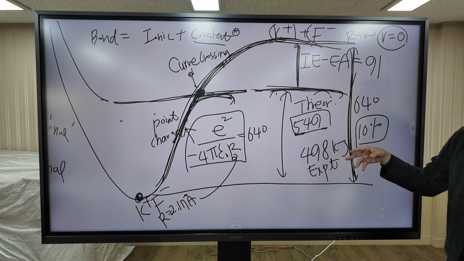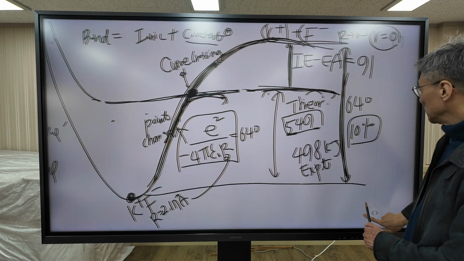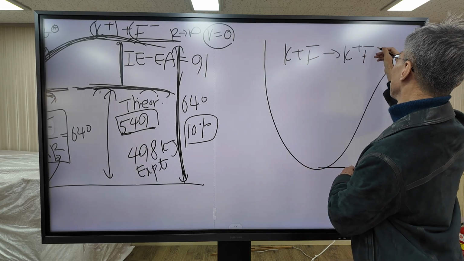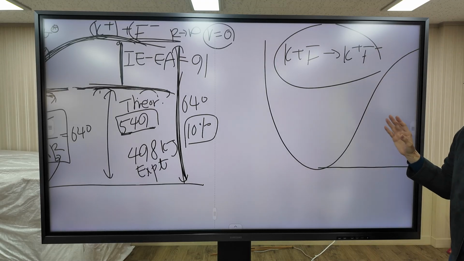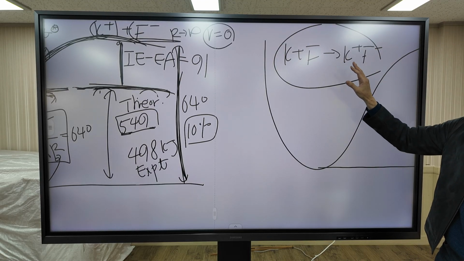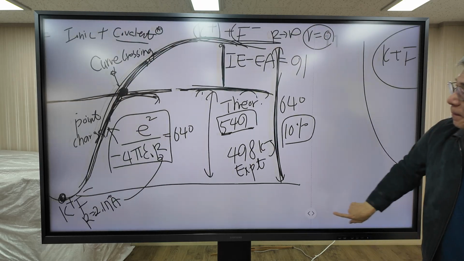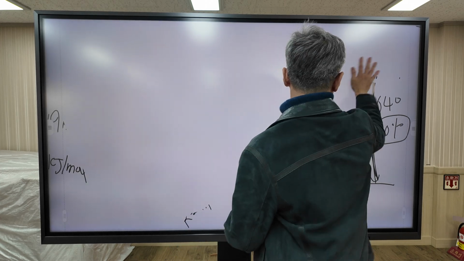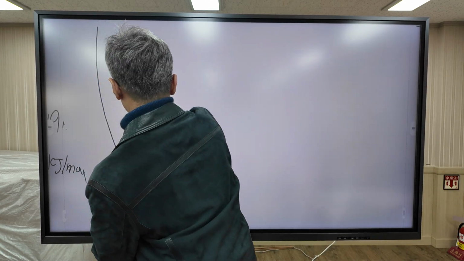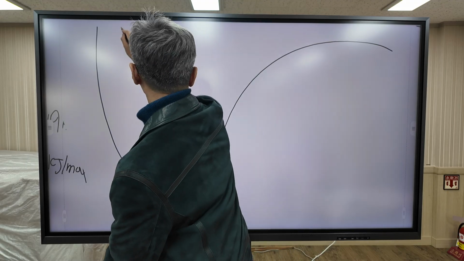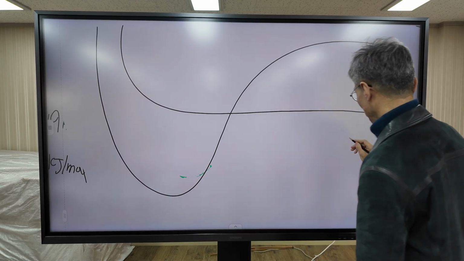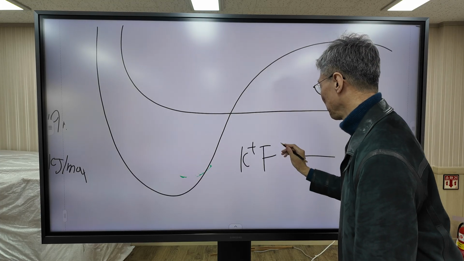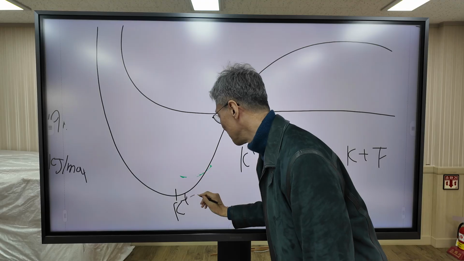We investigate this reaction because this reaction is so fast, right? Now I am going to explain why this reaction proceeds so fast. So I'm going to draw this diagram again. This point is K plus F minus.